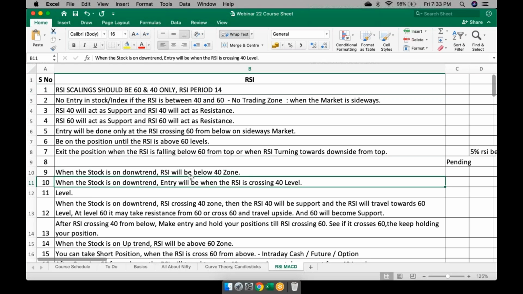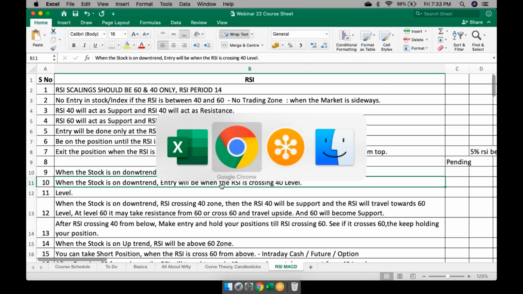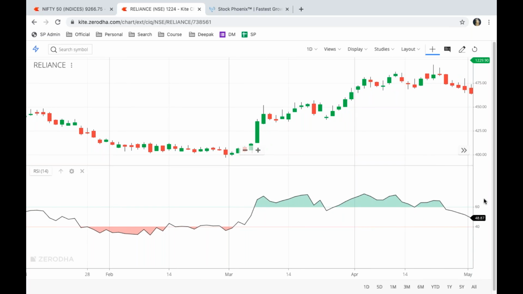When the stock is going downward, RSI will be in the below 40 zone, and you can make your entry when the RSI is crossing 40 levels. So ideally, these are the places you can make your buy signals.